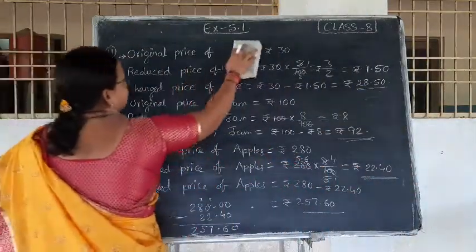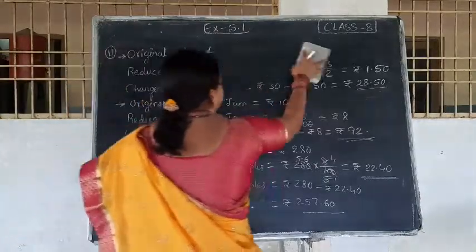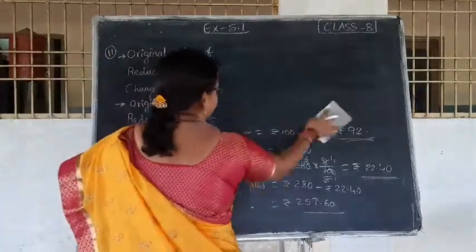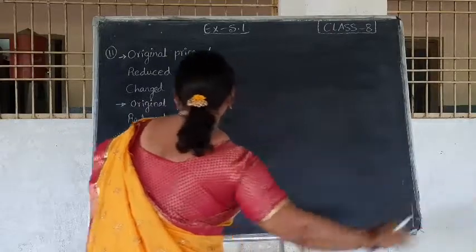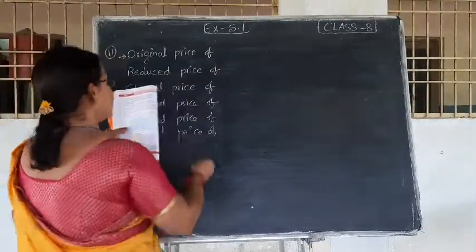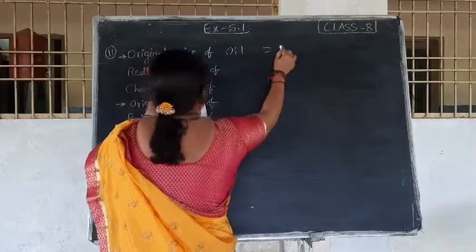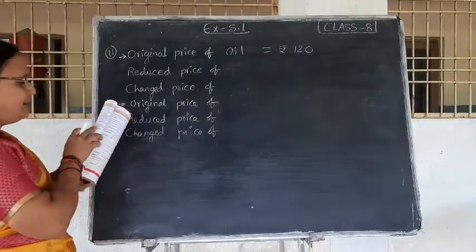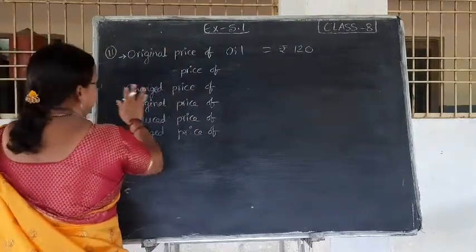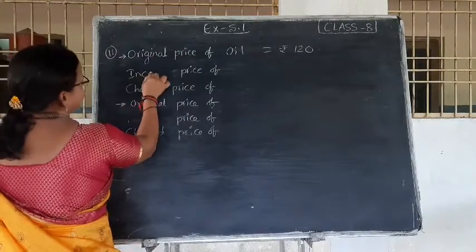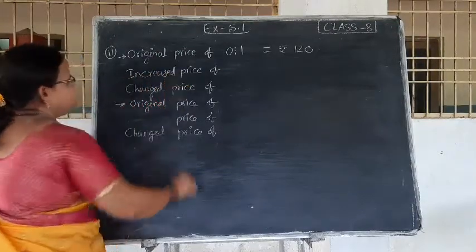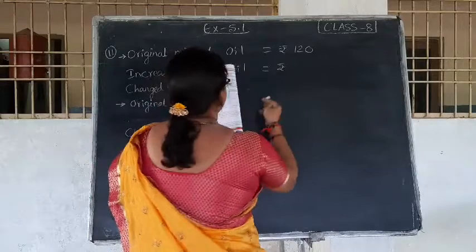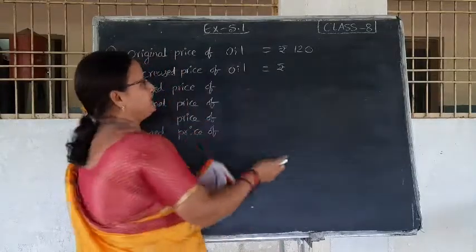Next, oil and dal. The original price of oil is 120 rupees. The oil and dal are increased, so the increased price of oil: how much percent is it increased? 10% increase.